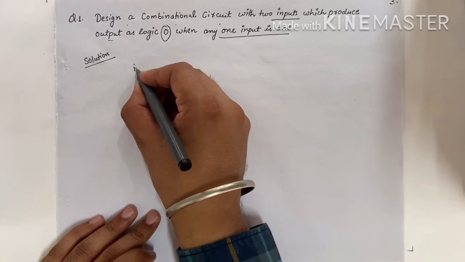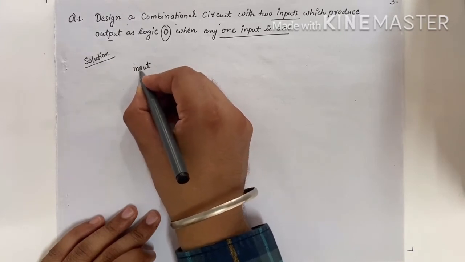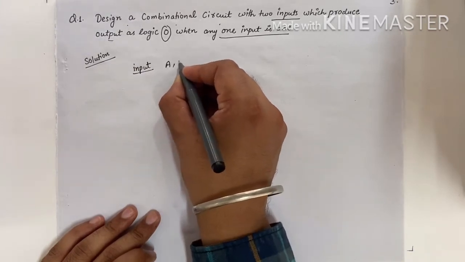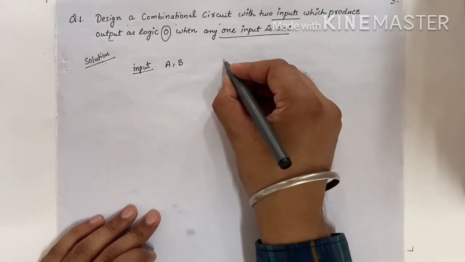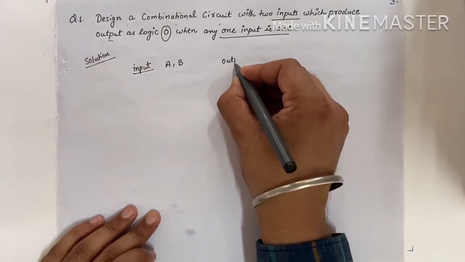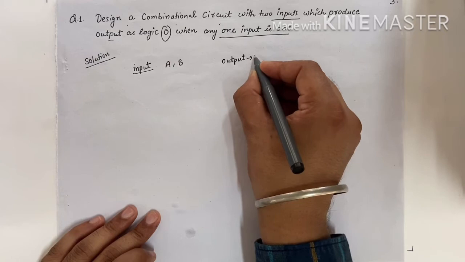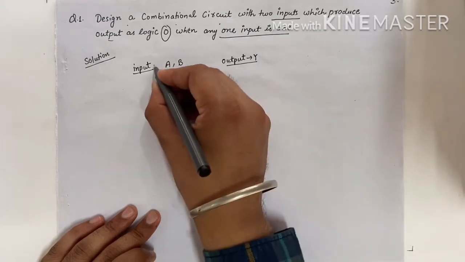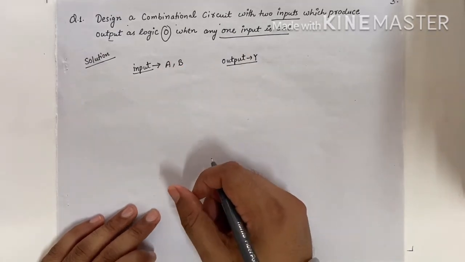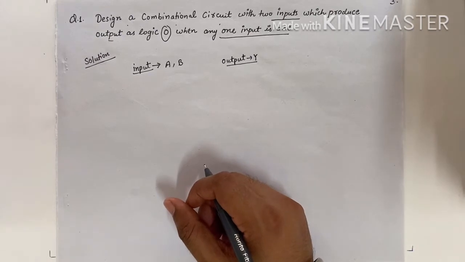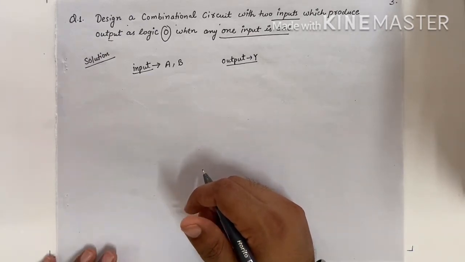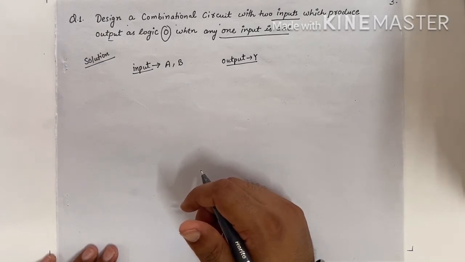Suppose we give input letters A comma B and we represent the output as Y. In this way we have defined inputs as A, B and output as Y. It is given in the question that we have to consider two inputs only.